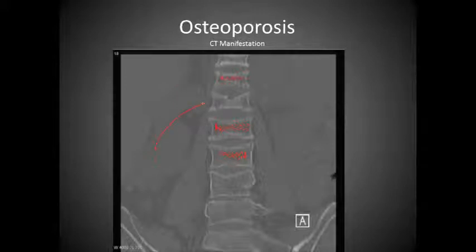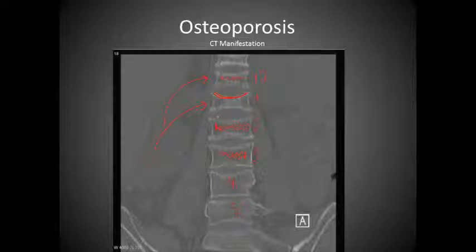And another thing that we can assume is that we have compression fractures of both L1 and T12. I noticed the loss of vertebral body height, and so that's what we're seeing here.